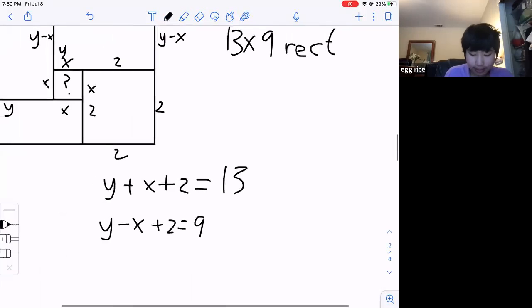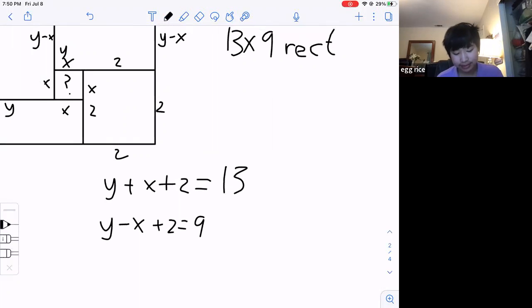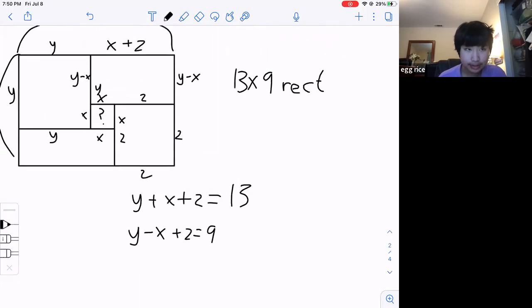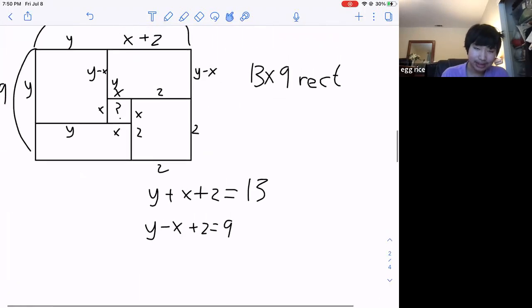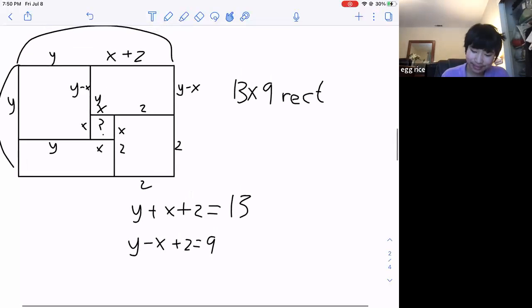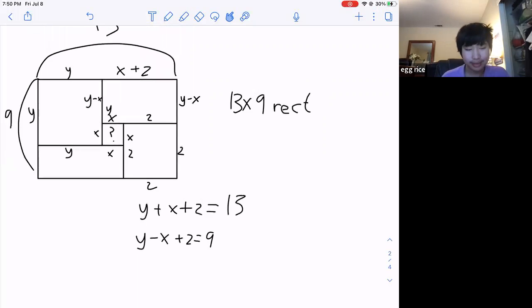And now people might be wondering, how do we proceed from here? As I mentioned before, generally speaking, you need 3 equations to solve for 3 variables.